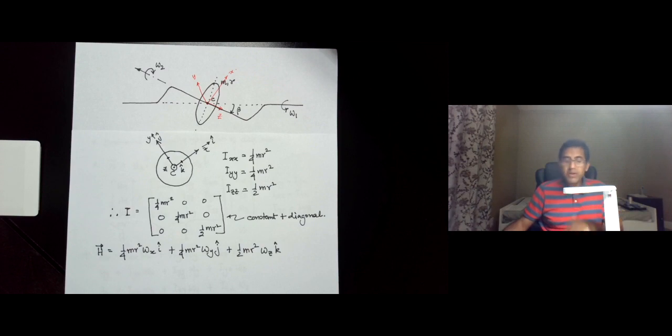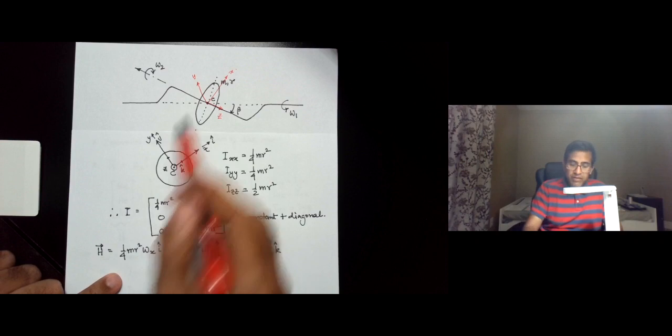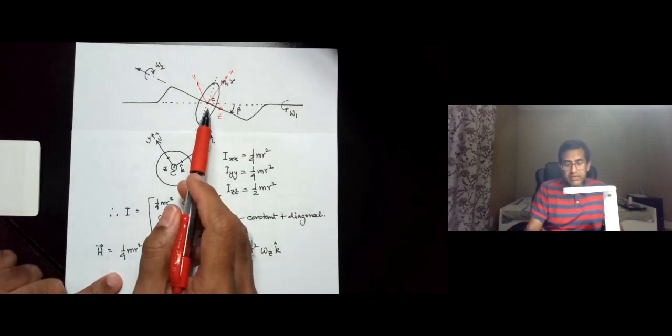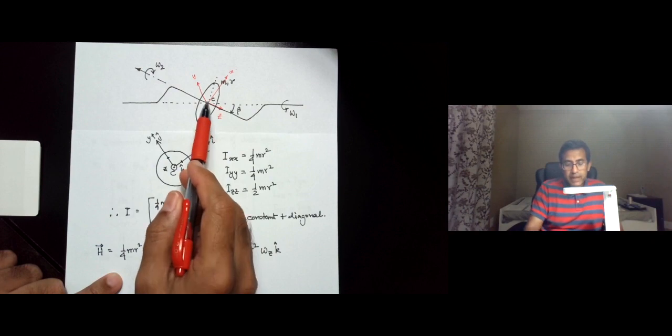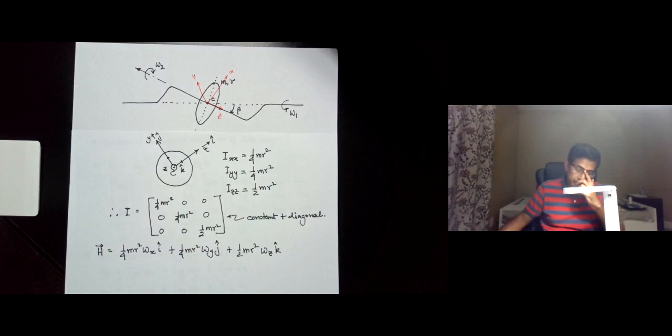So what is important here is that the angular velocity of this disk needs to be calculated in the x direction, in the y direction and in the z direction.